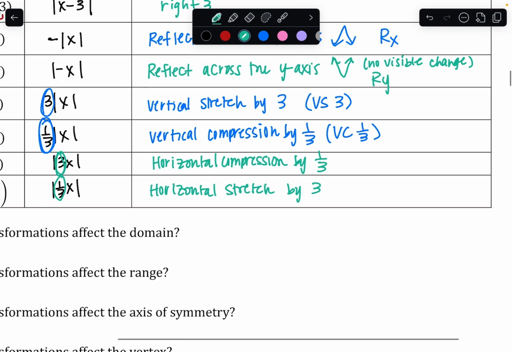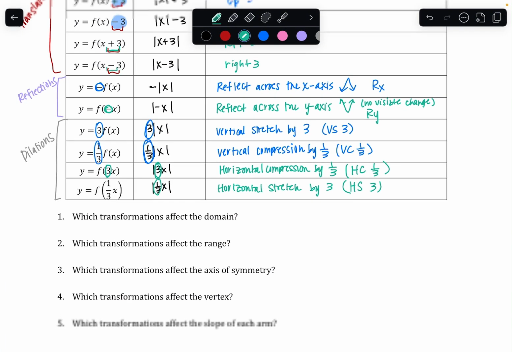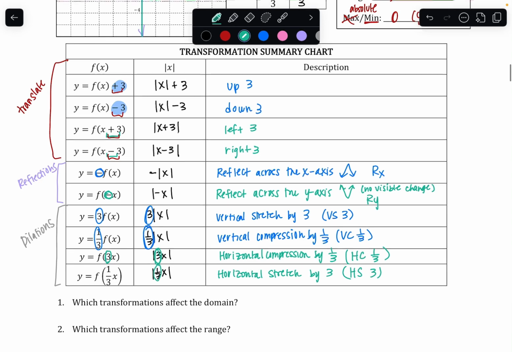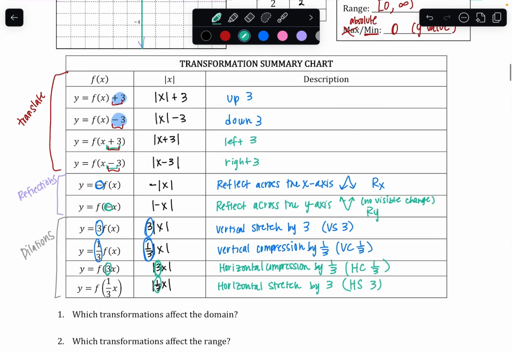And so if you want to abbreviate these, HC 1/3, HS 3. Okay, so some ways you can help keep these straight is noticing that when I used blue, they were vertical changes, and everything that was vertical was happening outside the parentheses and outside the bars.